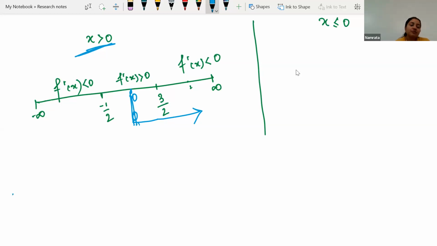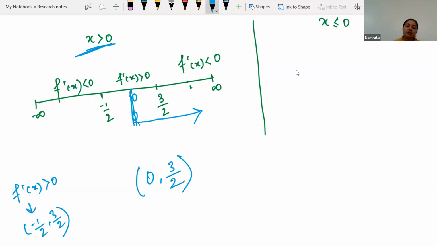So we have found that f dash x is greater than 0 in the interval minus 1 by 2 to 3 by 2. But after writing this, we realize that this is defined when x is greater than 0. Then let's take 0 to 3 by 2 as our interval rather than this one. Are you getting me? Yes, ma'am.